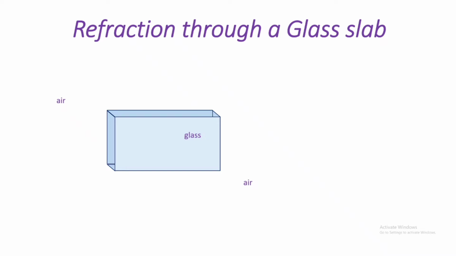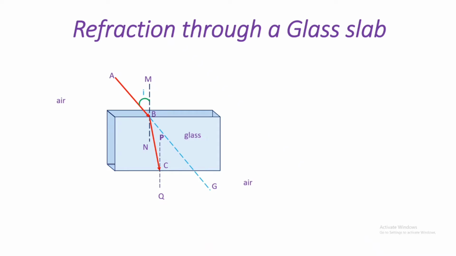Refraction through a glass slab. Here we see a glass slab. AB is the incident ray. If the light ray would not bend, then it would take path AG. But light enters from a rarer medium to a denser medium, so the ray of light bends towards the normal MN and takes path BC. Now at point C, light enters from a denser medium to a rarer medium.